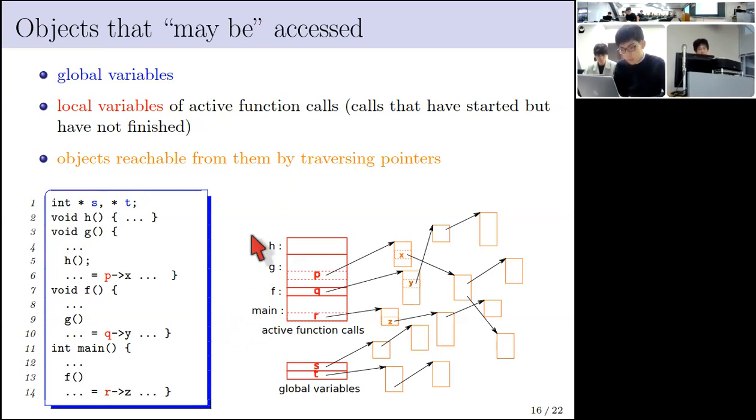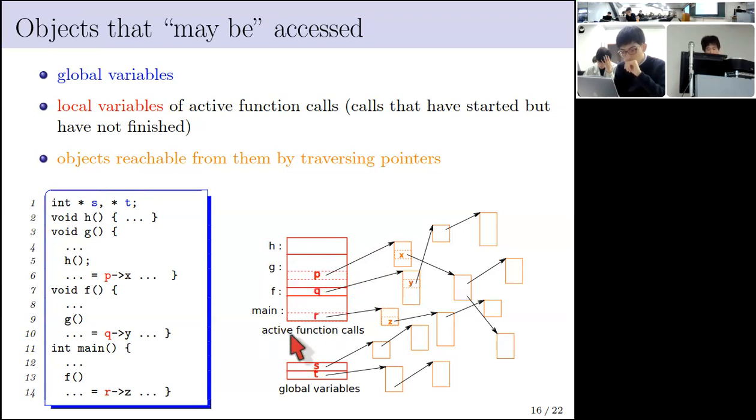The basic way the garbage collection works is simply you assume that objects or memory blocks may be used in future if there's a chain of references from the root to that particular memory block, right? So these arrows represent a reference, or pointers in C's terminology, but reference in other languages.